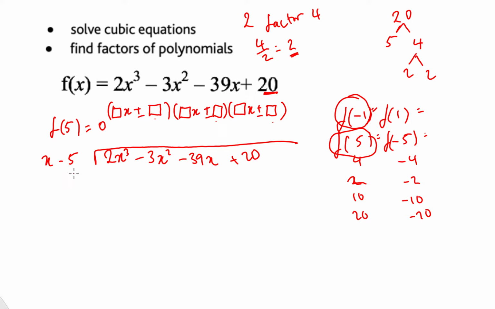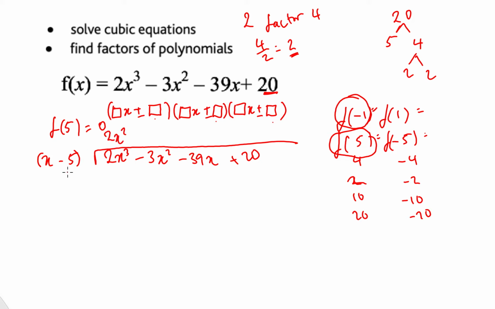We know that x minus 5 is a factor because f of 5 equals 0. Why did we choose 5? Well, 5 is a factor of 20. We know that one of the factors of 20 is going to be present here. That's why we checked 5, 1, 4, 2, and 10. Now we know that x minus 5 is a factor, so we're going to divide it to find the other factors. Okay, so x, 2x squared, 2x squared.